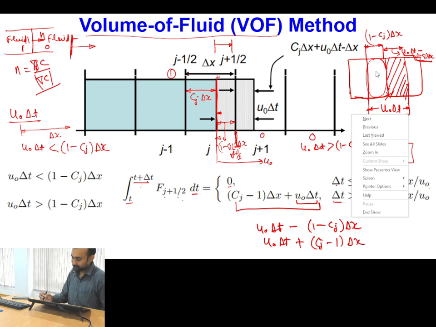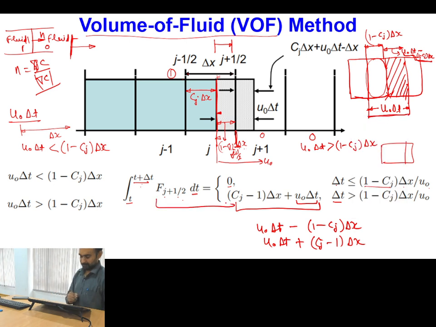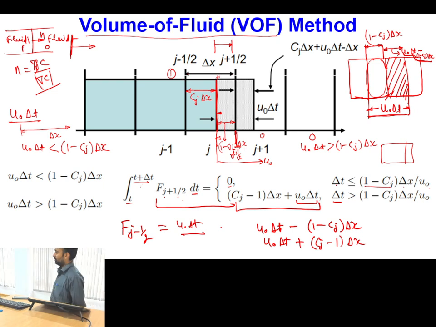So that's why this is now the value of flux. Why am I not writing flux for j minus 1 by 2? Please tell me. Because for j minus 1 by 2, the flux coming from behind is always 1. So it will always be positive, and it will always be u naught into delta t. So that's why I am not writing it. It will be as it is.